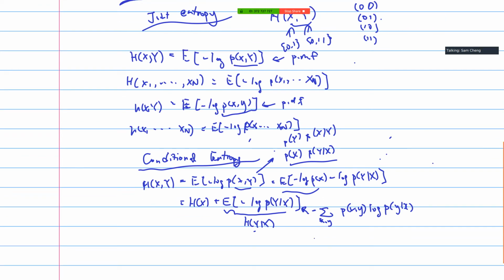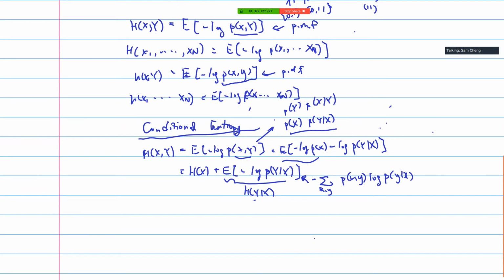Okay, one thing I want to maybe show later on, but let me also specify this here anyway, since I'm already writing like this. I can write p(x,y) as p(x) p(y given x) also, right?